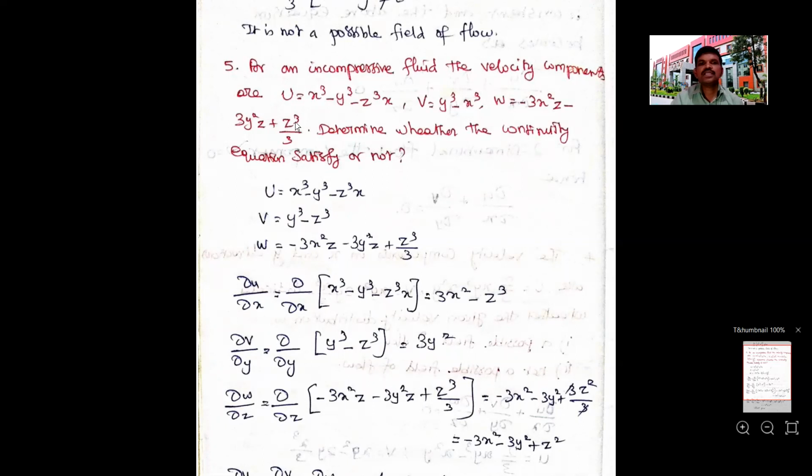These are all the three velocity components. What they are asking: determine whether the continuity equation is satisfied or not. Same thing as in our previous case.